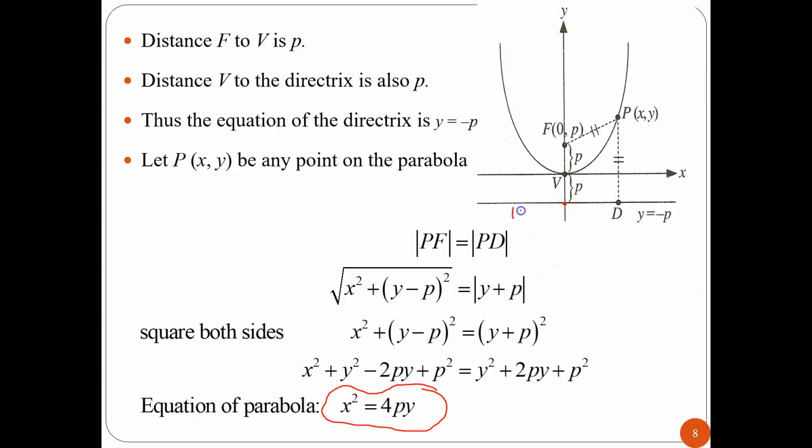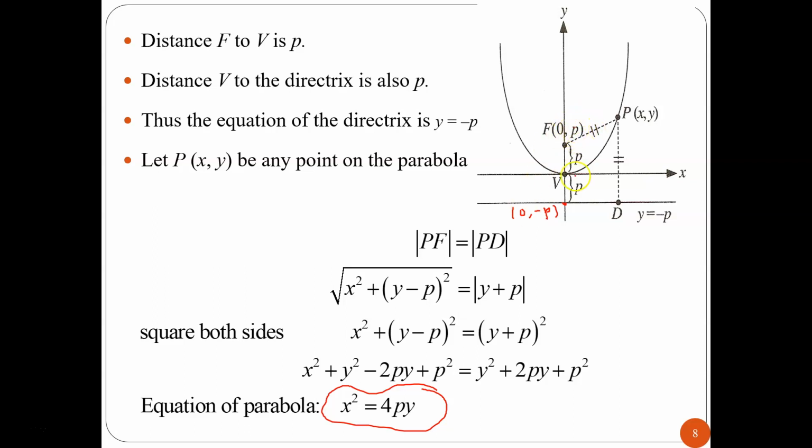So you have like 0, negative p untuk yang dekat bawah ni. Perasan tidak yang berubah tu apa? 0 over here and this one also 0. Koordinat x tu tidak berubah. The one that is changing is coordinate y.